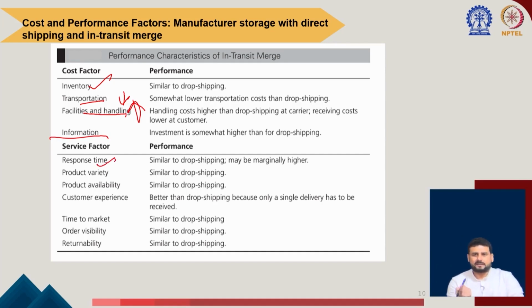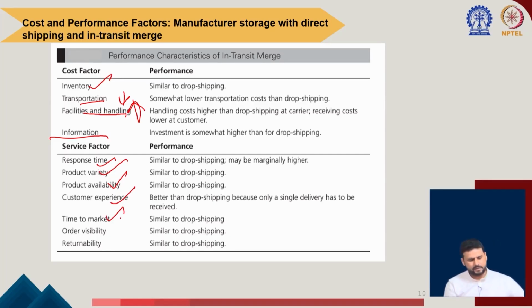Response time will be similar to what we were getting with manufacturer storage with direct shipping, because it is directly coming from the manufacturer. Product variety is similar to drop shipping, because the manufacturer is still holding the variety. Product availability will be the same, high, because the manufacturer is storing. Customer experience is enhanced, like I told you, in the way that they are now getting a single delivery instead of multiple deliveries.